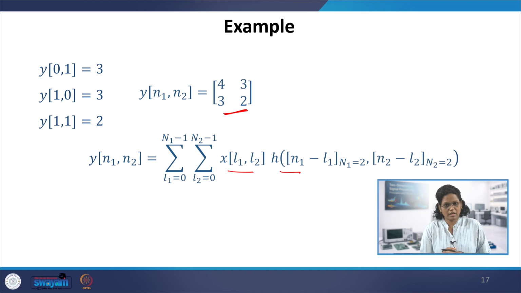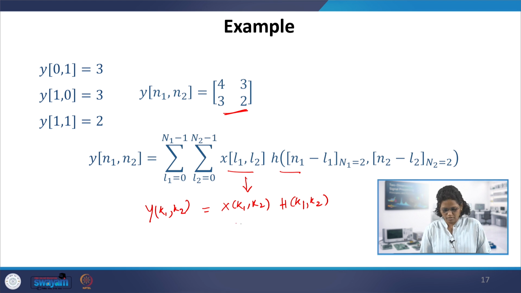This is also valid in the 1D DFT. In 2D DFT, k1 comma k2, that is the 2D DFT of the first sequence and the 2D DFT of the second sequence, multiplying them and taking the, that is the DFT of y.